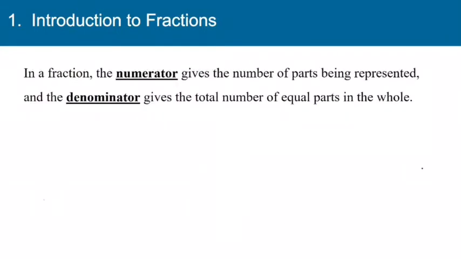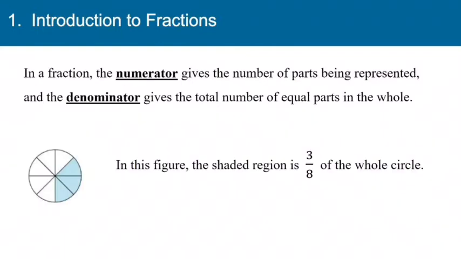Now, what does a fraction tell us? In a fraction, the numerator gives the number of parts being represented, and the denominator just gives us the total number of equal parts in the whole. So for example, in this figure, it takes 8 parts to make a whole. Notice the parts are all the same size.